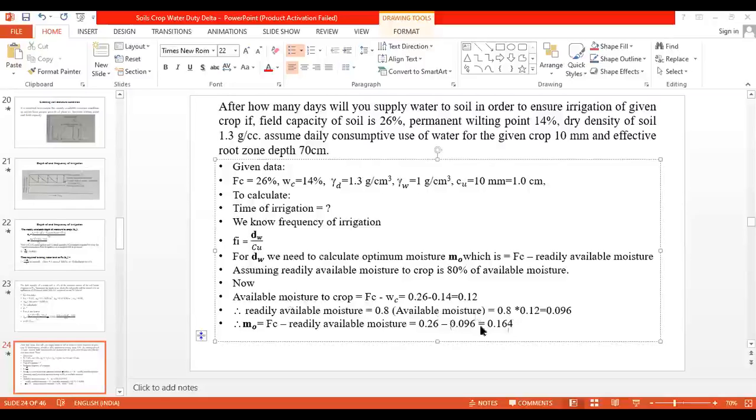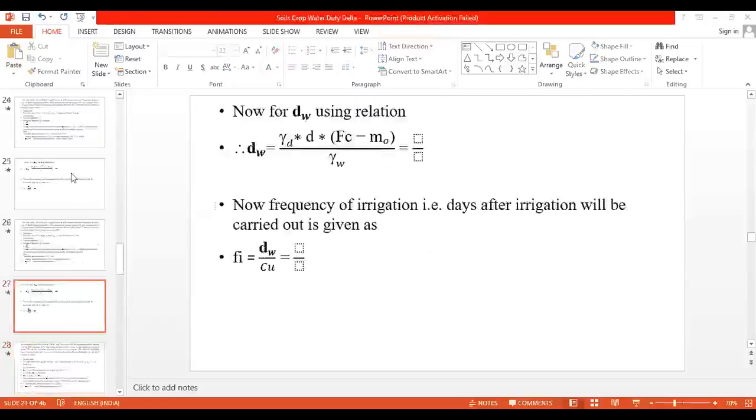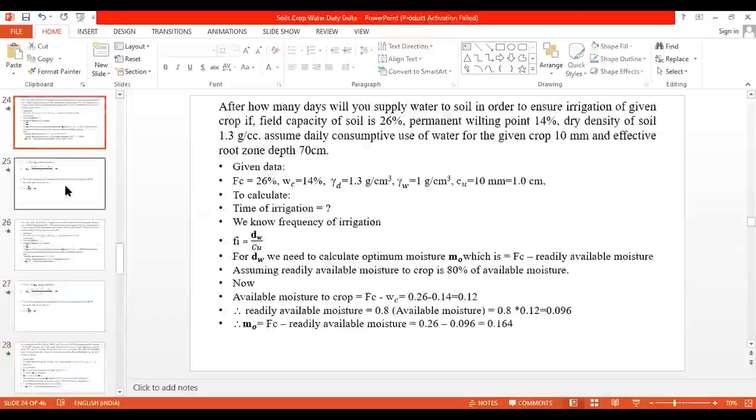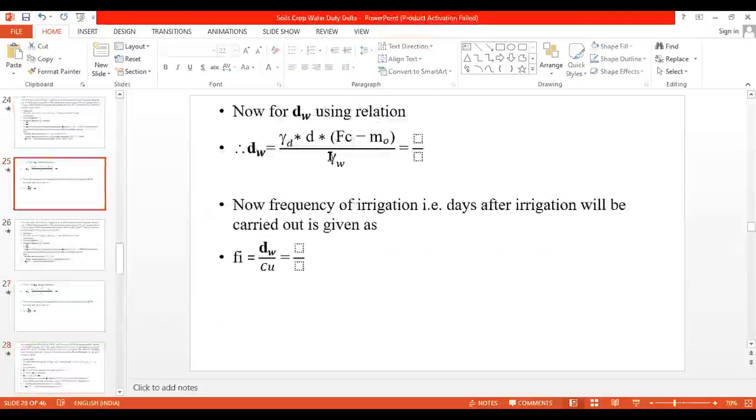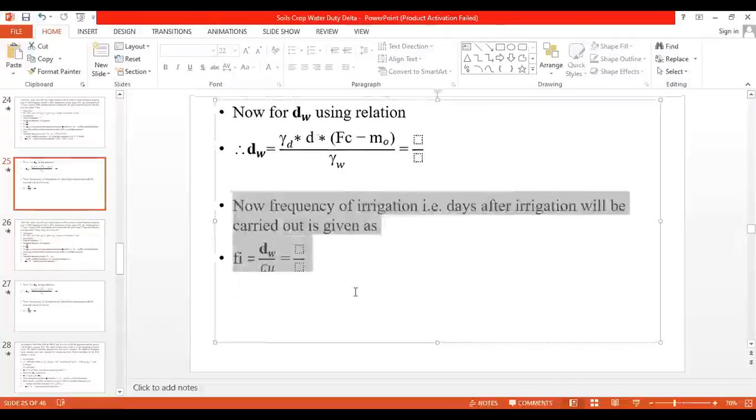Now just use this optimum moisture content for the calculation of dW. Now put that in for dW. We know for dW the relation is gamma d into small d into Fc minus m0, divided by gamma w.